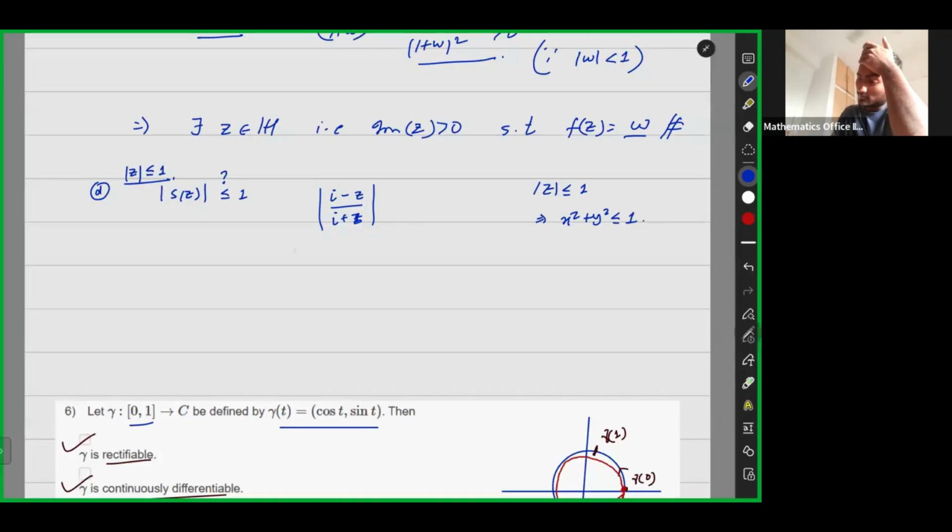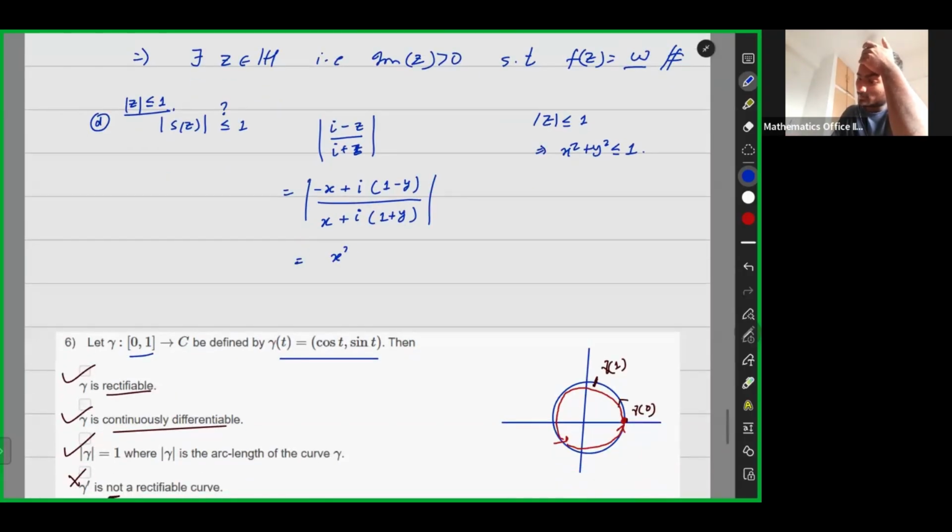Solving for this, we get minus x plus i times 1 minus y in the numerator, and x plus i times 1 plus y in the denominator. Modulus of this is nothing but x square plus y minus 1 whole square divided by x square plus y plus 1 whole square. We only know this part, that x square plus y square is less than or equal to 1.